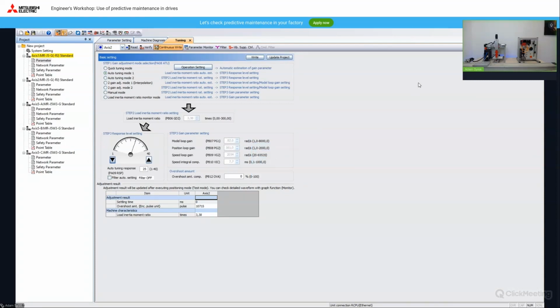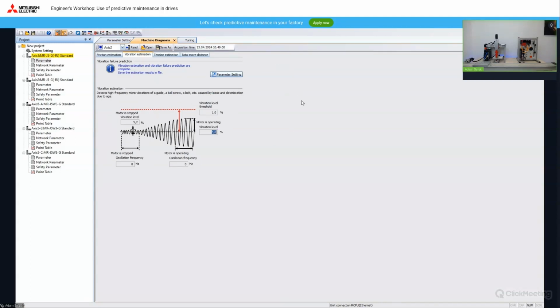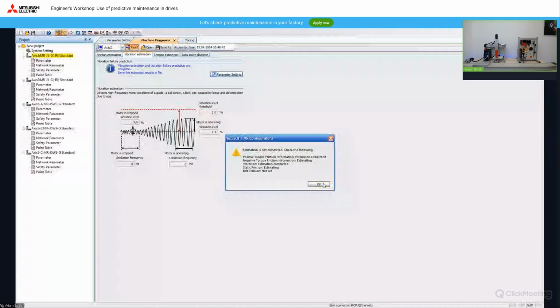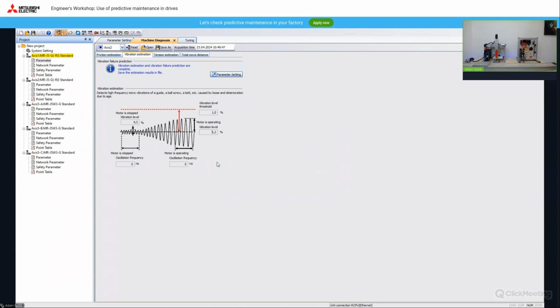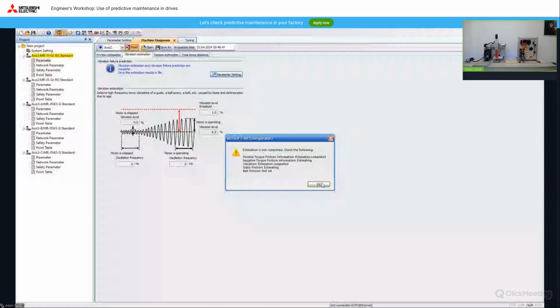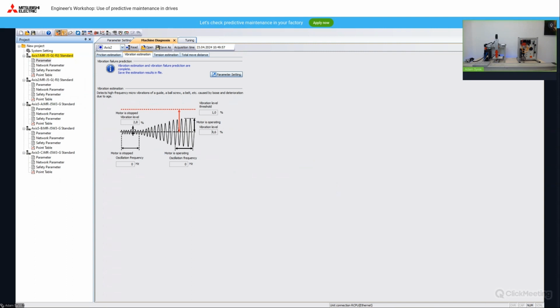Yeah, so now I reduced the level of the tuning on this axis, so it still operates quite fast, but the level of the vibration should go lower and lower. So at the max it was 7 point something, and it goes to lower values of the friction.